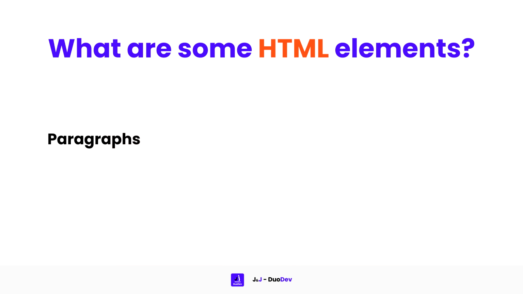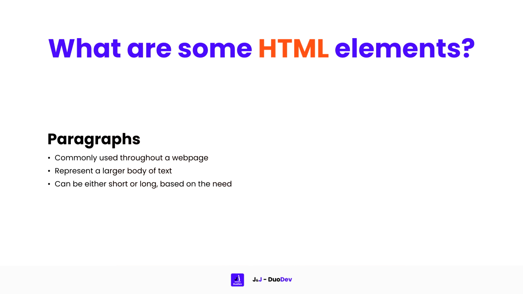Next up, we have another element that is related to typography, and that is the paragraphs. Paragraphs are commonly used and they represent a larger body of text, and they can be either short or long based on the content of that paragraph. They're represented with the P tag. On the right, we have an example of the paragraph tag.